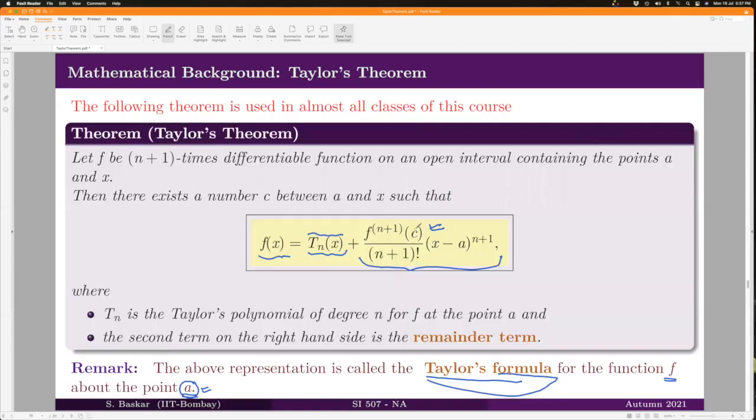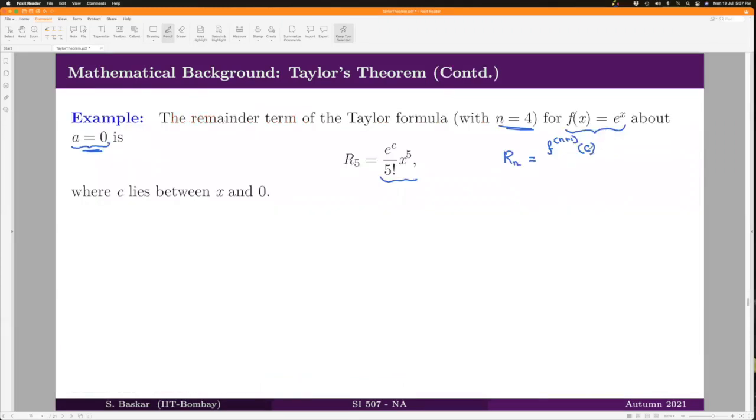Just imagine if this was a, it means you can write any function as a polynomial, and the remainder you are missing is fully known to you. That is too much to expect. Therefore the remainder should remain unknown to us. That is why you have that unknown quantity sitting here and making our entire life complicated.